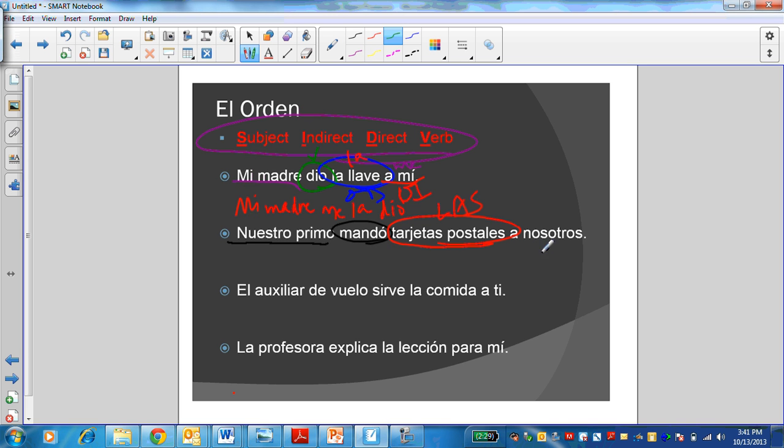Nosotros somos el objeto indirecto. Okay. Vamos a usar el pronombre nos. Entonces vamos a usar Sid Verb. Okay. So our cousin, indirect object pronoun, nos.